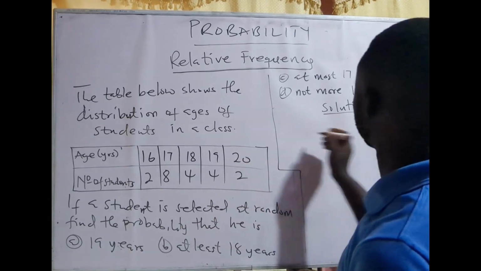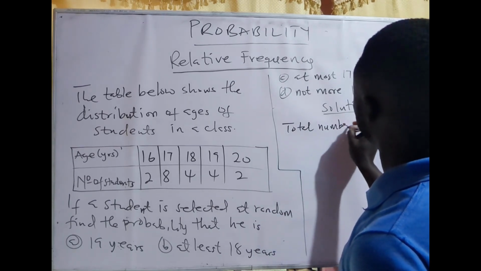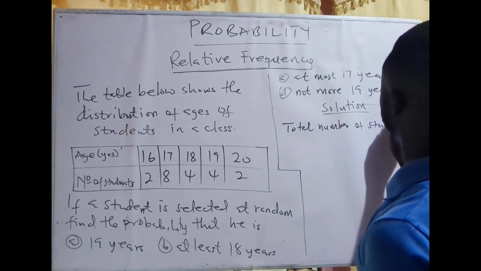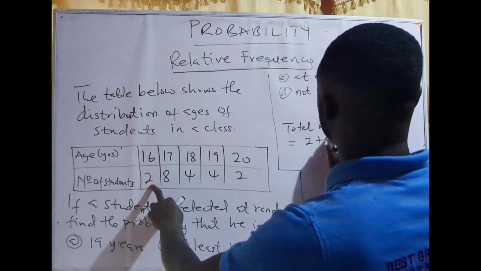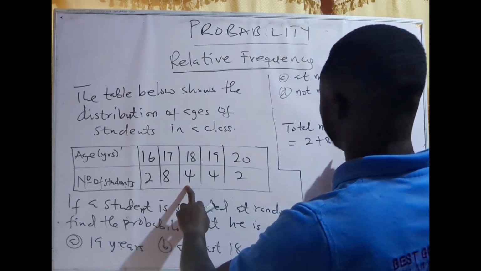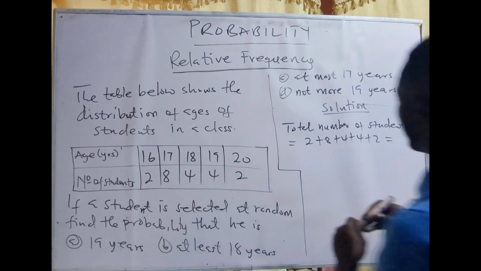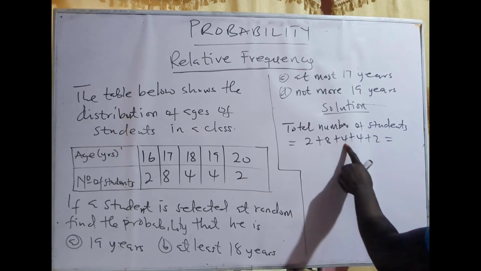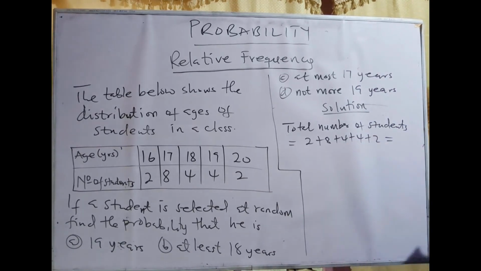So we are going to add 2 plus 8 plus 4 plus 4 plus 2. 2 plus 8 gives us 10, plus 4 is 14, plus another 4 is 18, plus 2 is 20. So the total frequency is 20.